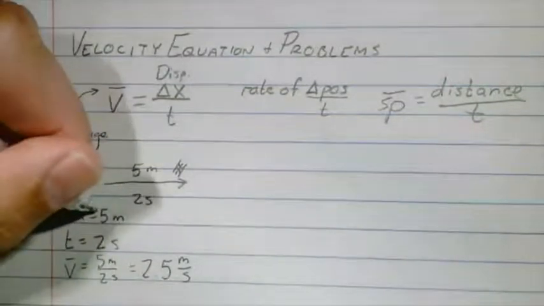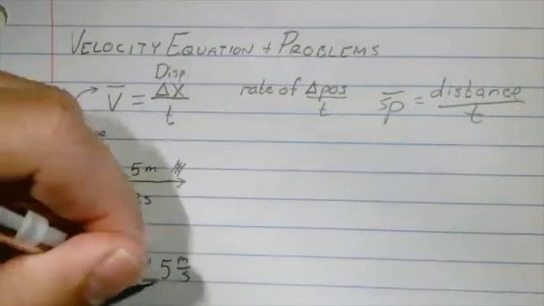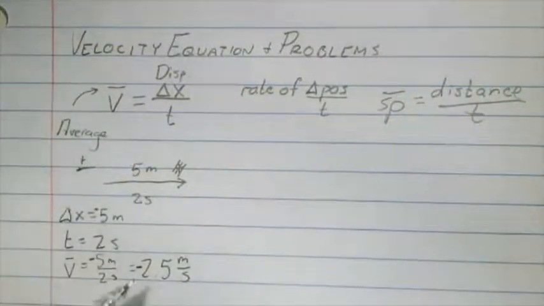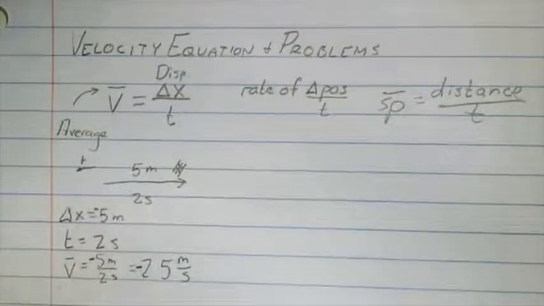That means my displacement would be negative, and when I take negative 5 and divide it by 2, the velocity automatically comes out in the right direction. Since I've called that positive, this is the negative direction, my velocity is in the negative direction. So picking a frame of reference and picking an assumed positive direction will help you an awful lot, particularly when we get to acceleration problems.